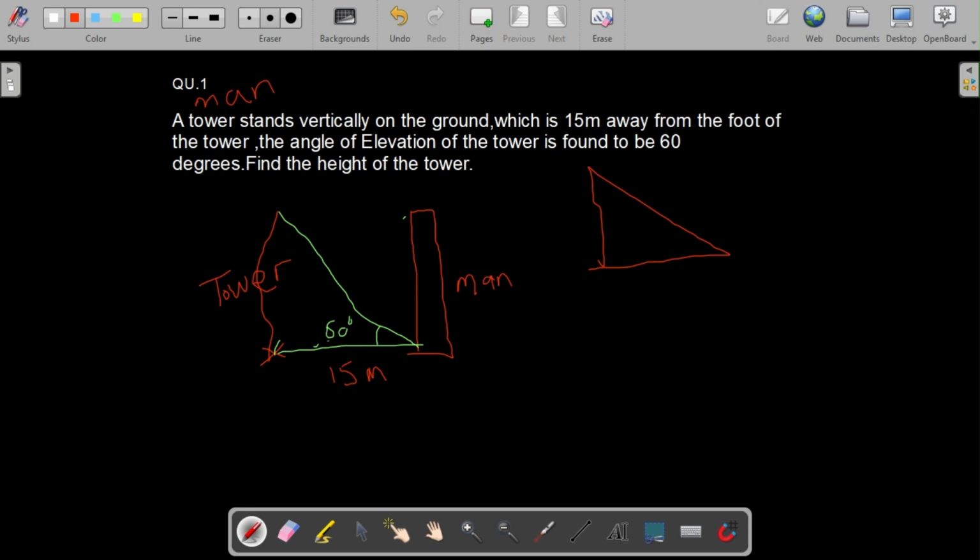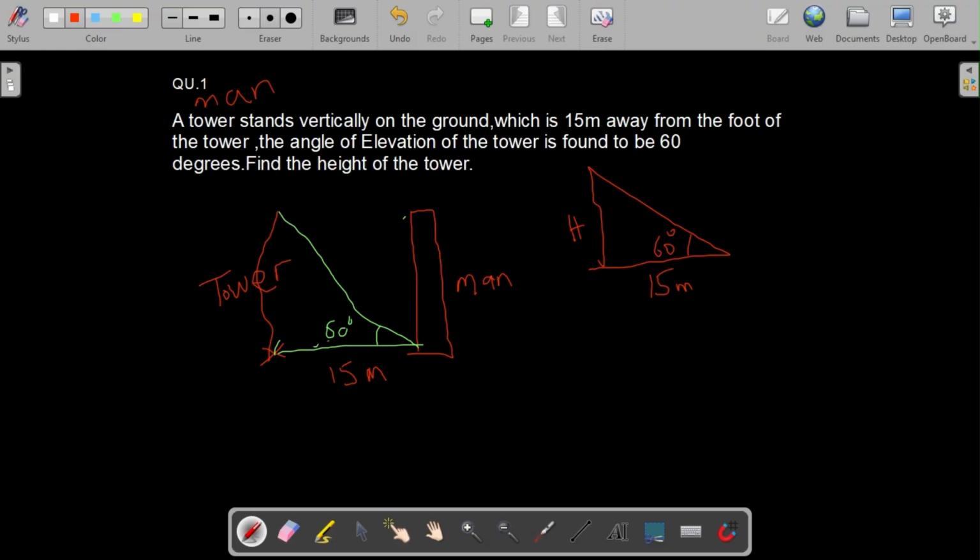So this is 60 degrees, and I'm looking for the height of the tower, and this is 15 meters. The question is, find the height of the tower.